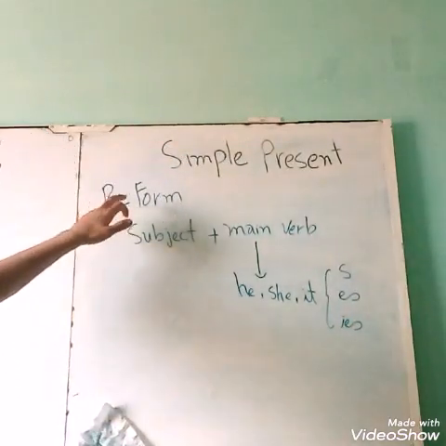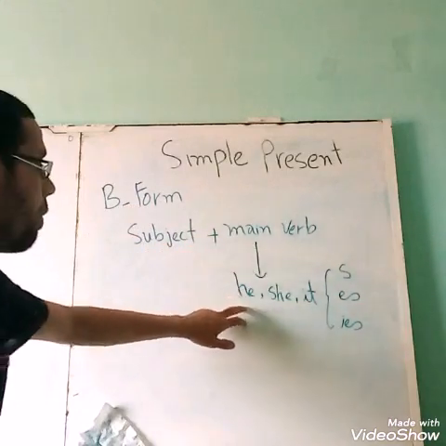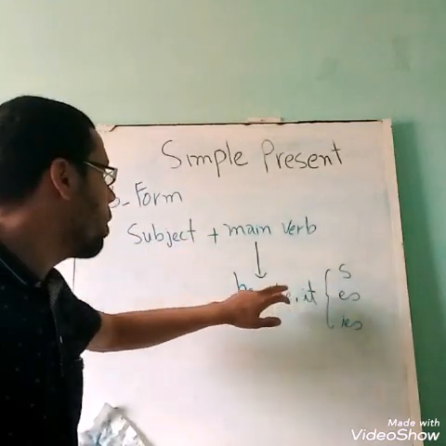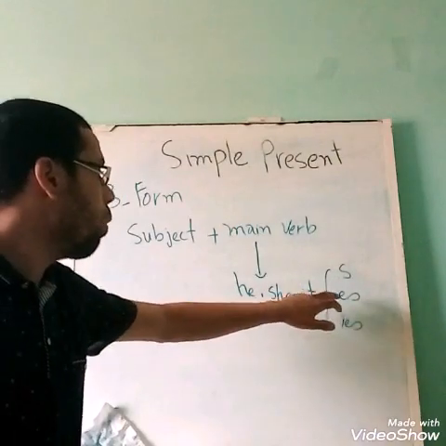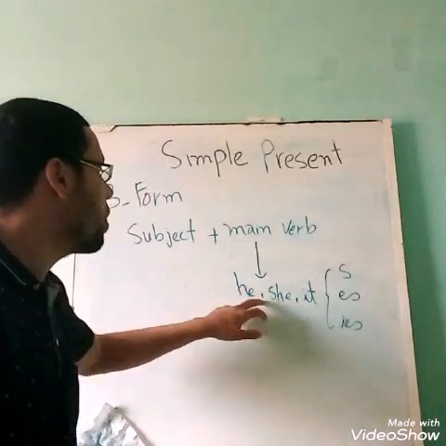Okay, this is the form: subject plus main verb, but the main verb should contain s with he, she, it, or es with he, she, it, or ies with he, she, it.